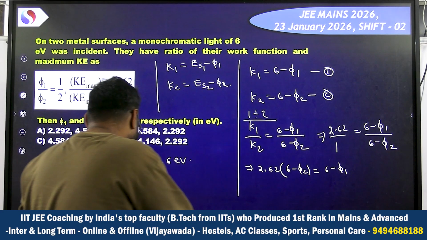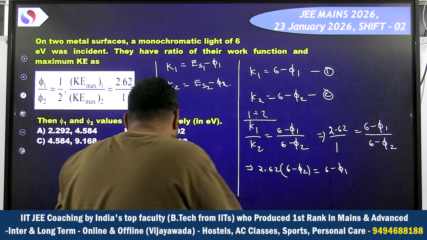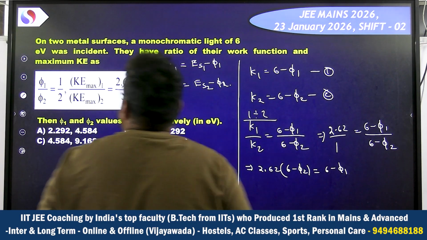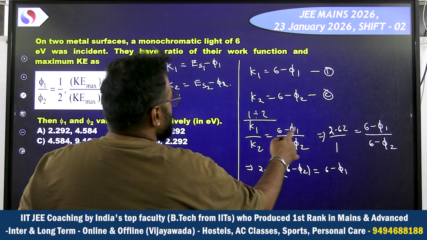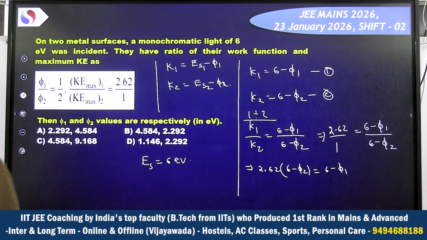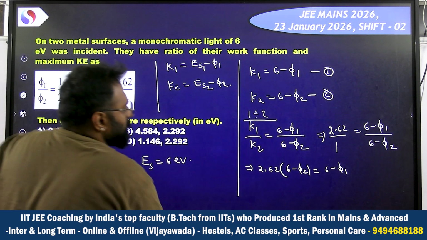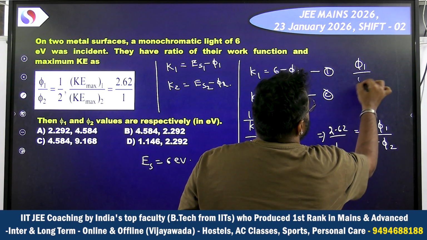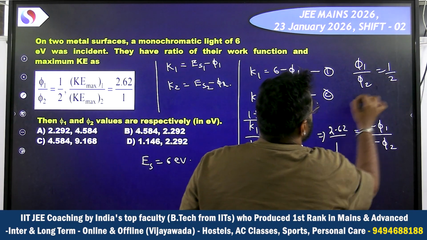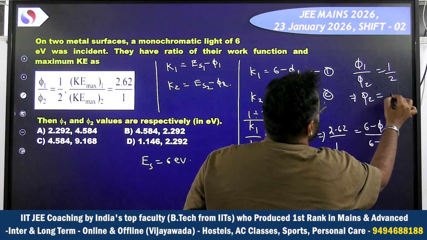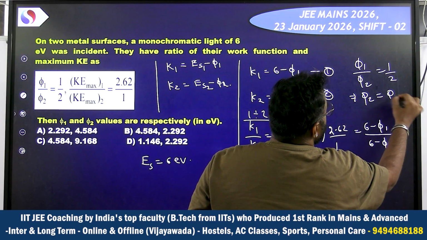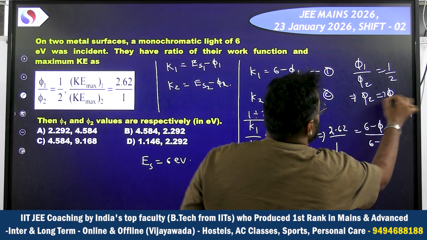Correct? Now let us calculate this value. So this will be how much? Phi 1 and phi 2. One second, the ratio is given for phi 1 and phi 2. So instead of phi 2, can I write phi 1 by phi 2 is equal to 1 by 2. So phi 2 is equal to how much? Phi 1 into 2.